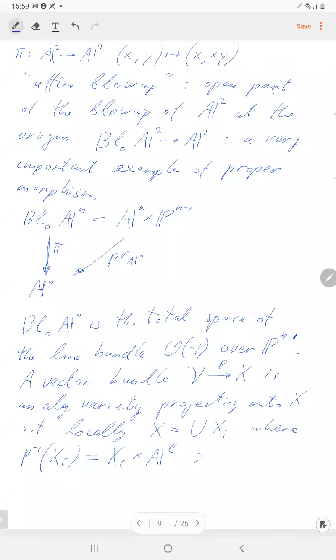Maybe it will remind you of the notion of a sheaf we had at the very first class.